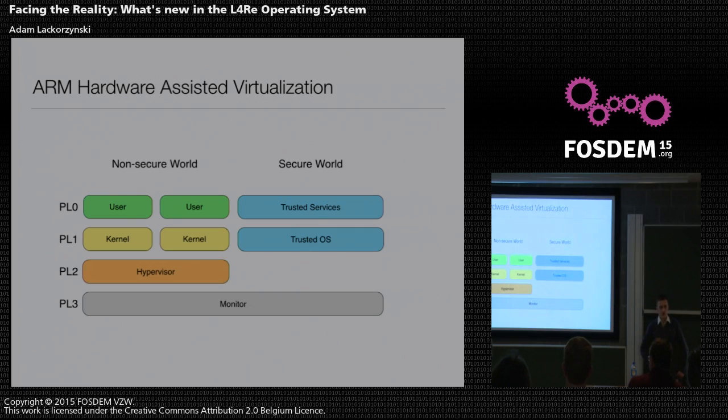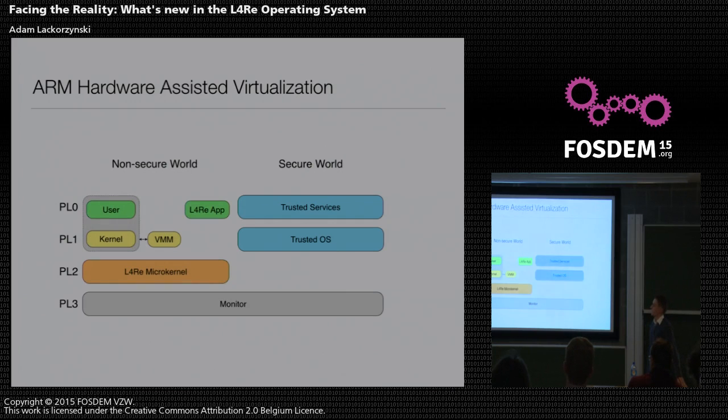They added another privilege level, PL2, or sometimes it's also referred to as HYP mode. And then you can run a hypervisor there. PL0 and PL1 basically remain unchanged. But now you can, using the hypervisor, run multiple kernels and multiple user lands as virtual machines on top of the hypervisor.